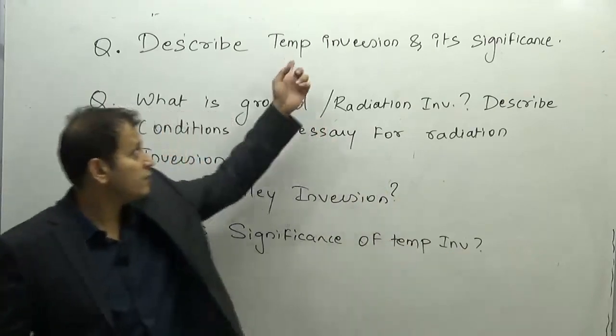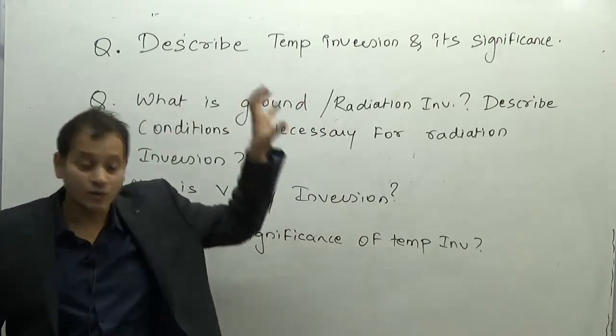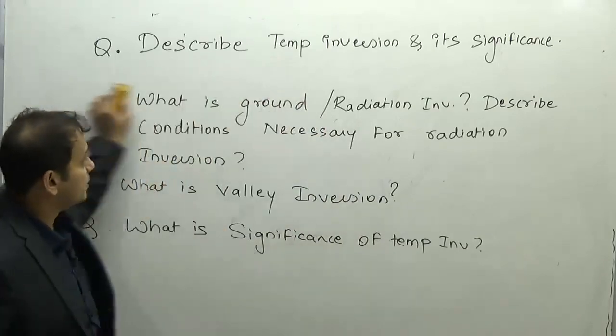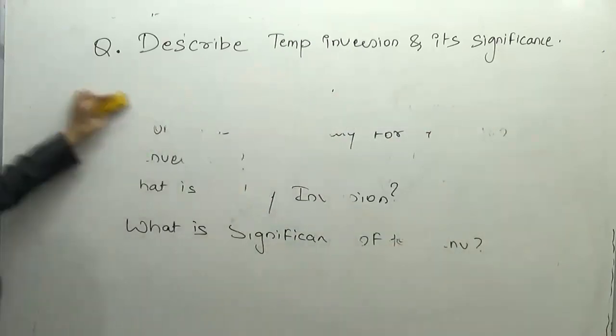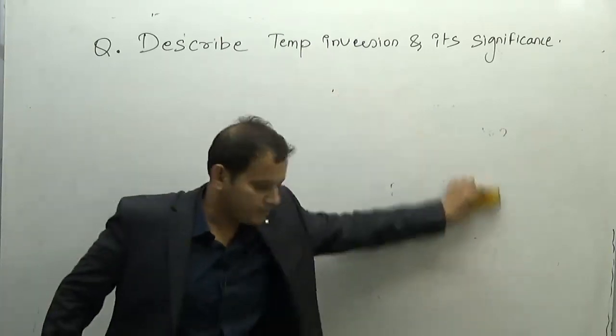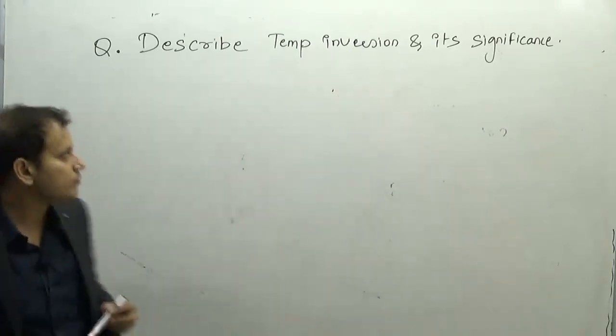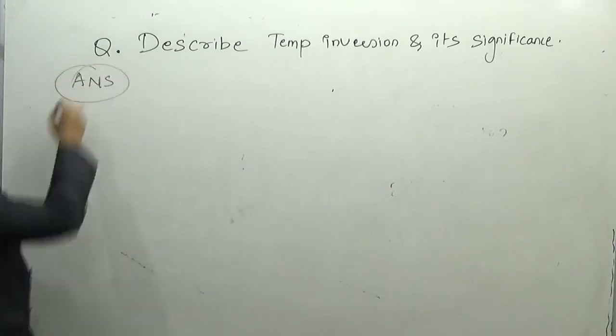Now out of this, obviously this is the most challenging one, because here you will have to write about, describe temperature inversion and its significance. So how should you start with your answer? I will give you the structure of the answer here.